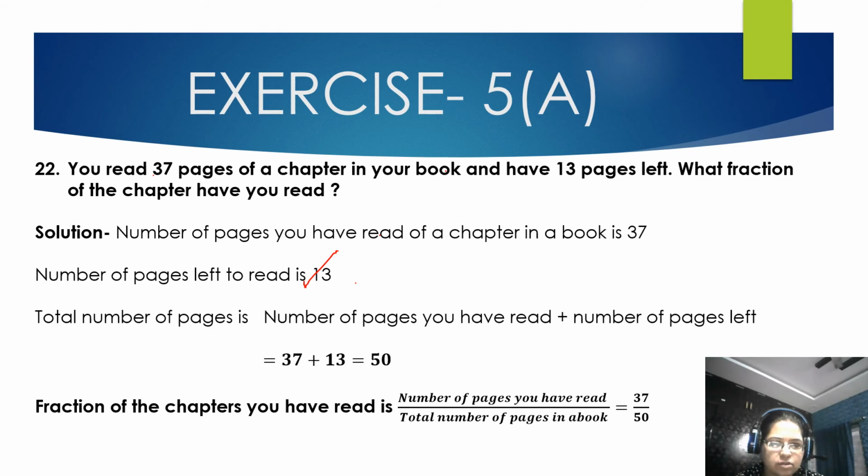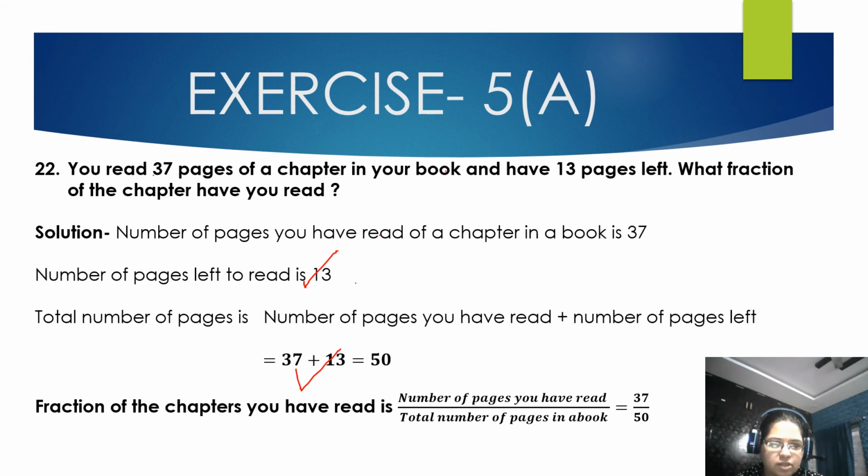The total number of pages is the number of pages you read plus the number of pages left. Pages read is 37 and pages left is 13. 37 plus 13 is 50, so the total number of pages is 50. We have to find the fraction of the chapter you have read.